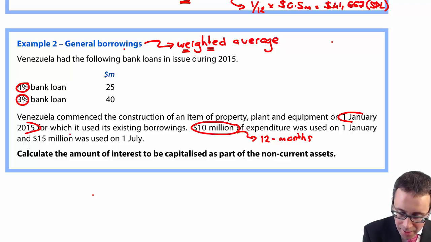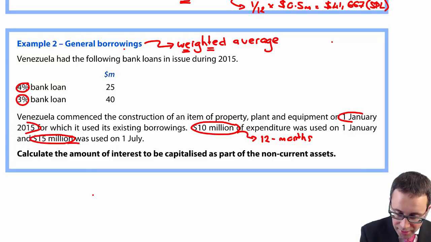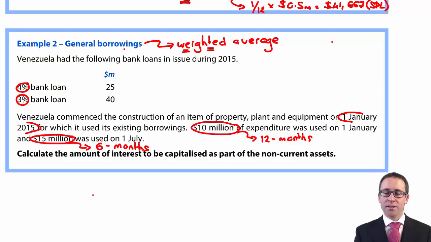And then 15 million was used on the 1st of July. So if that's the case, is that 6 months? July, August, September, October, November, December. Okay. It's difficult counting on the fingers, isn't it?